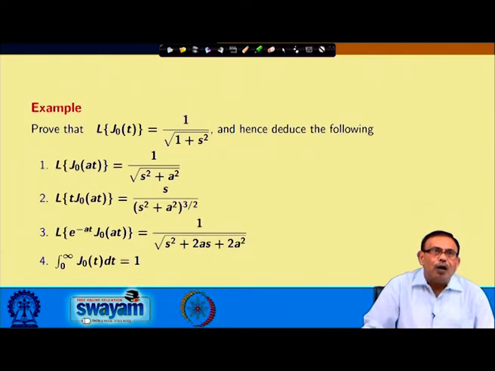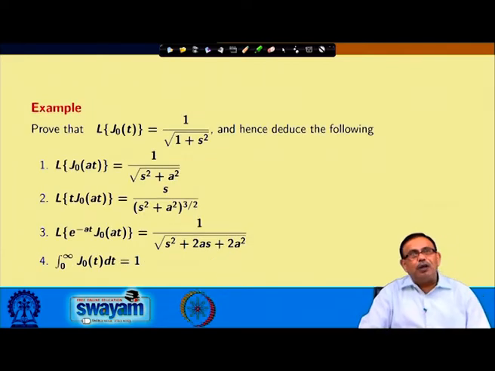Now we are taking a long example. First, we will prove that the Laplace transform of J_0(t) is 1 by root of (s square plus 1). From there, we will find the Laplace transform of J_0(at). Then we will go through the Laplace transform of t J_0(at), and also the Laplace transform of e to the power minus at J_0(at). And we will integrate J_0(at), that is the integral from 0 to infinity of J_0(at) dt.